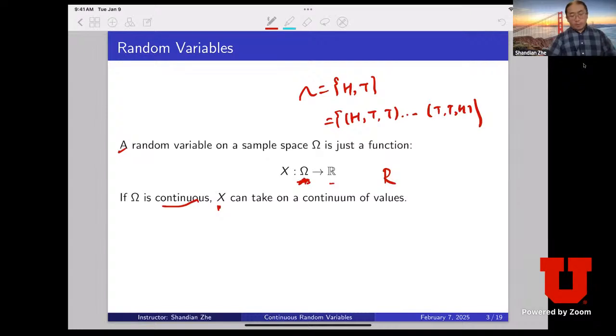A discrete random variable just means the image of this mapping, which is omega, is discrete, is finite. And for a continuous random variable, the sample space omega is continuous and infinite, uncountable. Continuous basically means it must be infinite and uncountable. Okay.